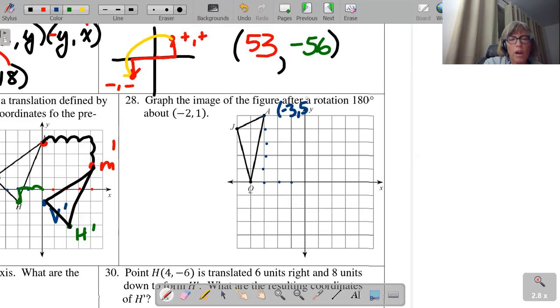Negative 3, positive 5. J is at negative 5, positive 4. And Q is at -4, 0.